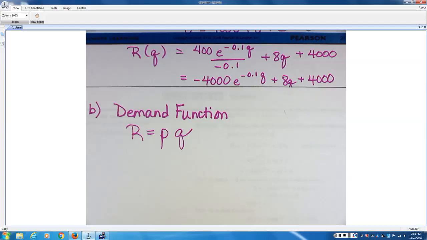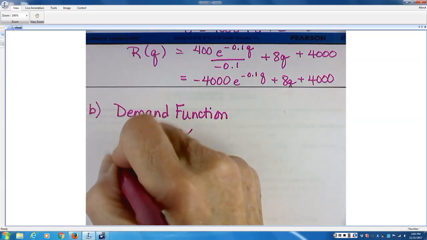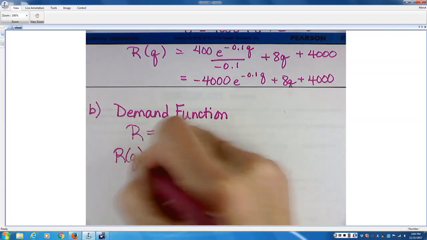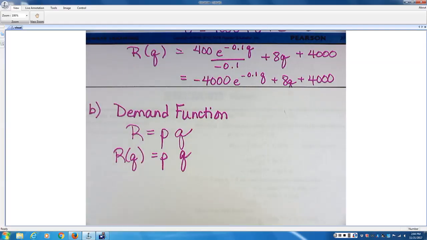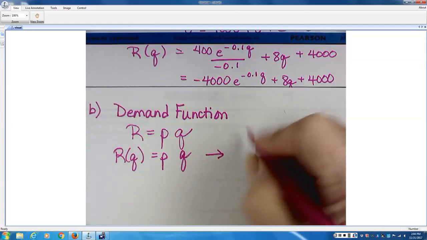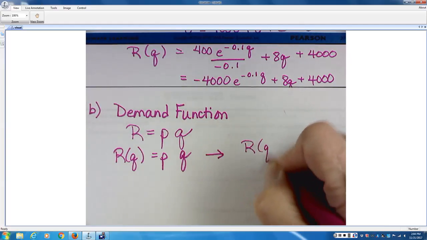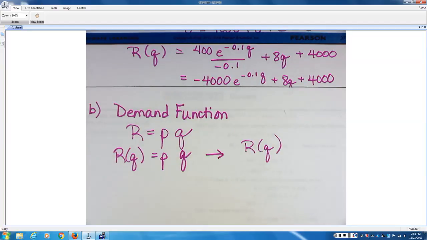Revenue equals price times quantity. What do we have? We have revenue. So if we've got revenue and we need the demand function, we need price times the quantity.